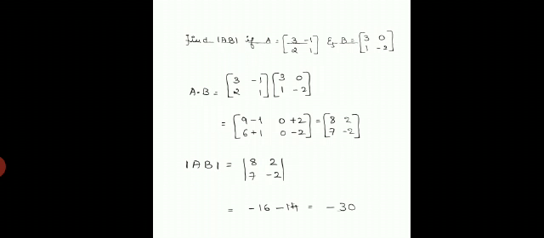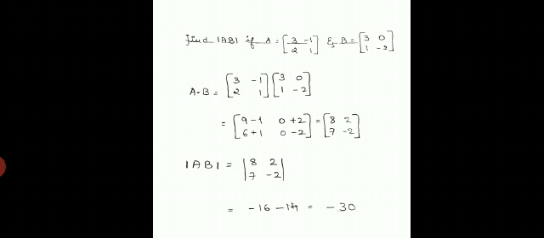And the last example is, find the determinant of A into B, if A is the matrix 3, minus 1, 2, 1, and matrix B contains the elements 3, 0, 1, minus 2. Here students, just observe, matrix A and matrix B are given.